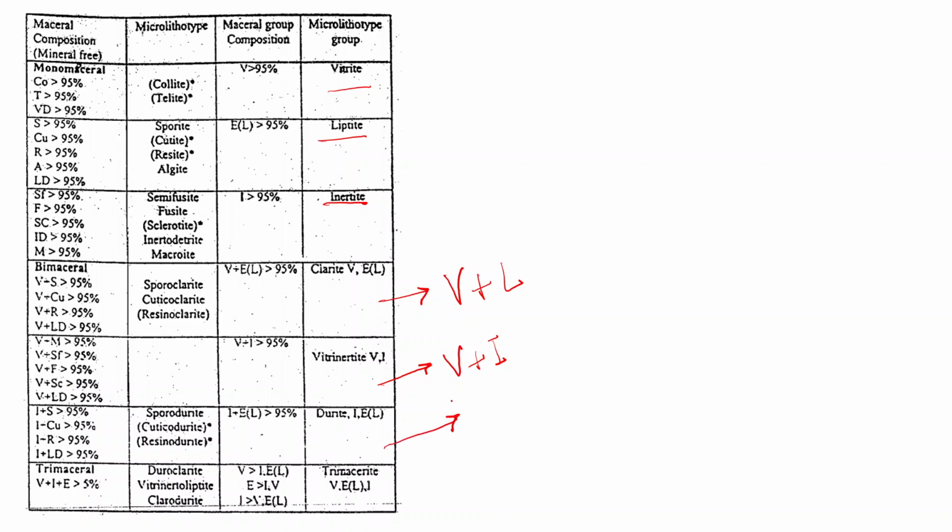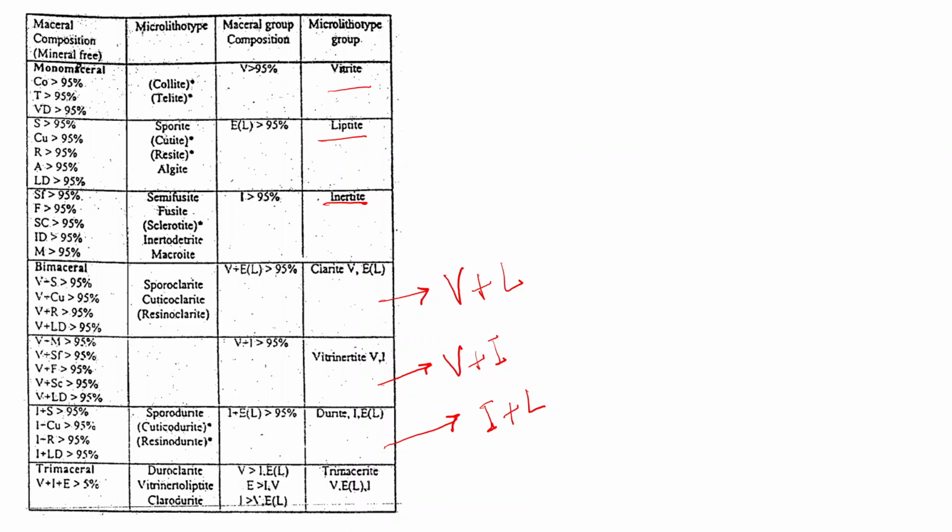So this becomes the inertinite group of macerals plus liptinite group of macerals. So this is the durite. And the last one, that is trimaceral, or trimacerite. Here you have three kinds: duroclarite, vitrinertoliptite, and clarodurite.